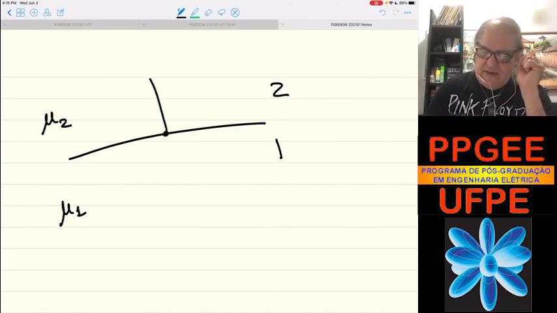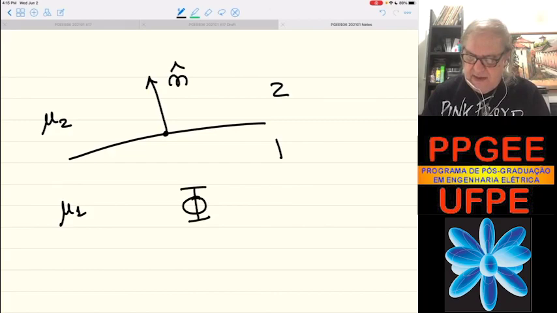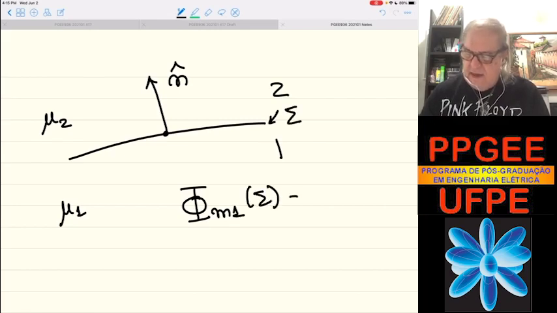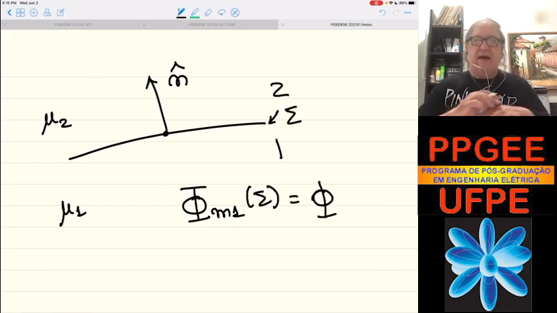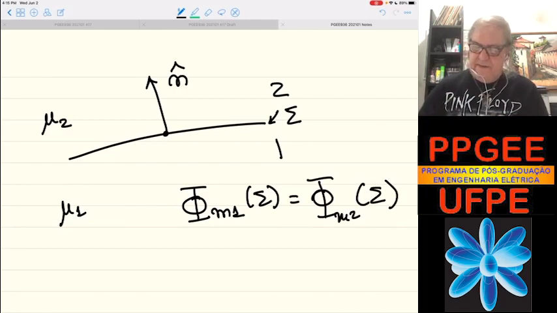So if I have a normal that goes from 1 to 2, the first condition is that the magnetic potential calculated on side 1, on the interface, let's call it sigma, equals the potential in every point of the surface, phi m2 on the surface sigma.